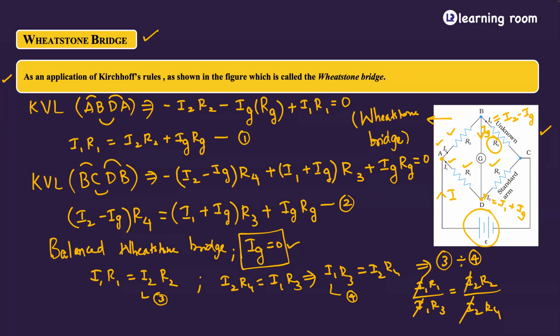Then what we'll get is R1 by R3 is equal to R2 by R4. This is going to be the mathematical expression for a balanced Wheatstone bridge.